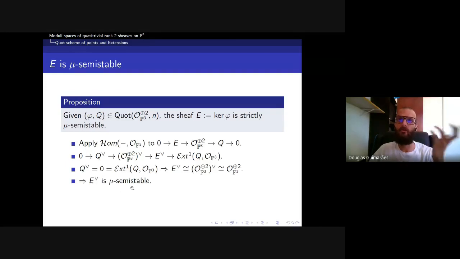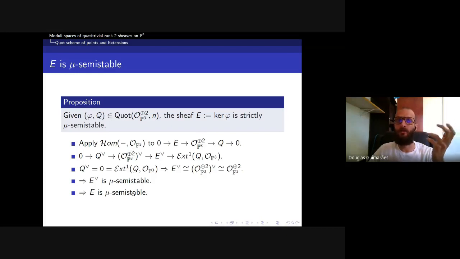And since μ-stability behaves well with duality, this implies that E is also μ-semistable, like we wanted. So what we have here is that for every point in the Quot-scheme, the kernel has Chern classes 0, 0, minus 2n, and it's always μ-semistable.